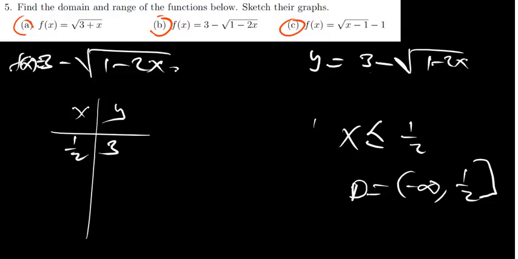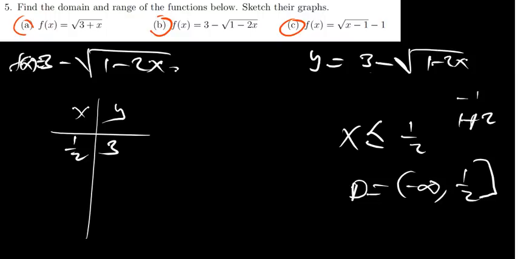I'm going to pick another number. That number has to be less than half. But when I plug in that number, I need to get the square root of that number. So let's get negative 1. If I get negative 1, it's going to give me 1 plus 2.